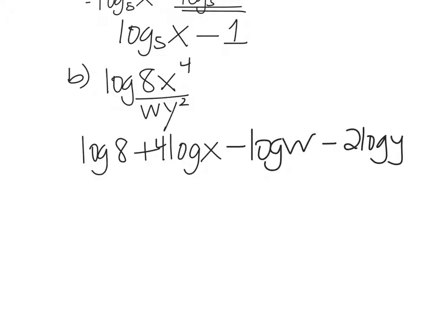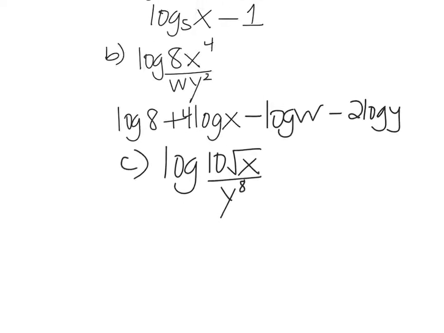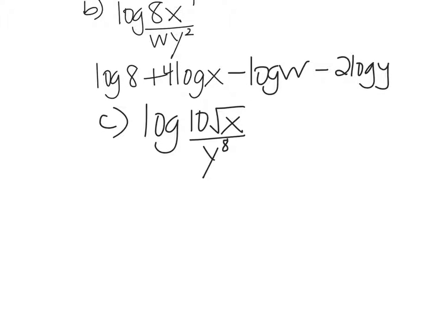All right, last one. This is it. Log of 10 radical x over y to the 8th. All right. So we're going to expand. And now you have to remember logs are all about exponents. So when you see radicals, you don't want them.